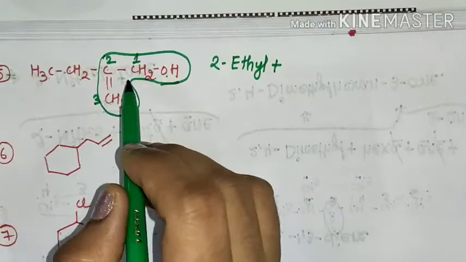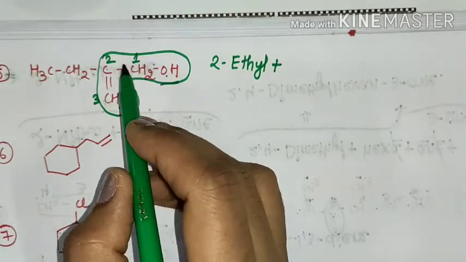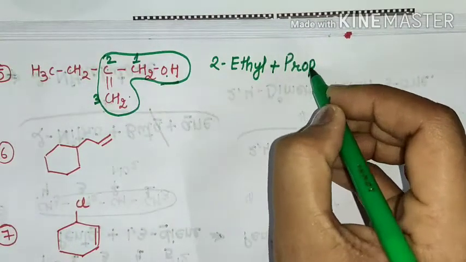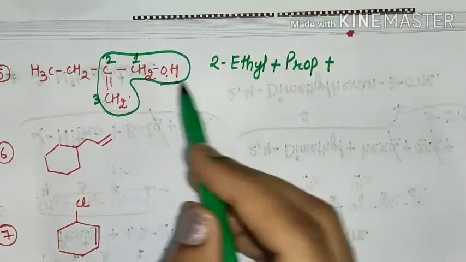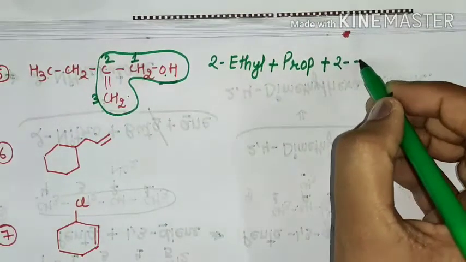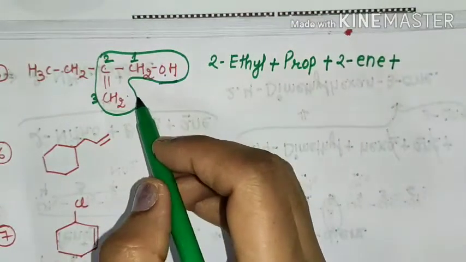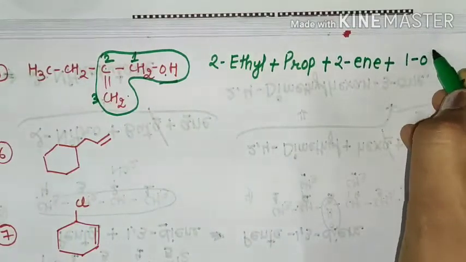Since the chain is acyclic, there is no primary prefix. Word root 1, 2, 3, 3 carbon atoms. We will write prop plus primary suffix double bond at position number 2. So it is 2-en plus secondary suffix, that is functional group, at position number 1, ol, that is all.